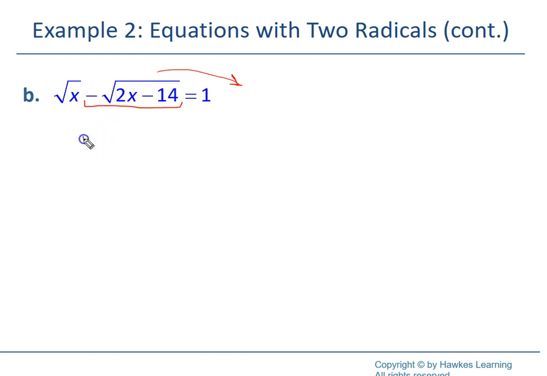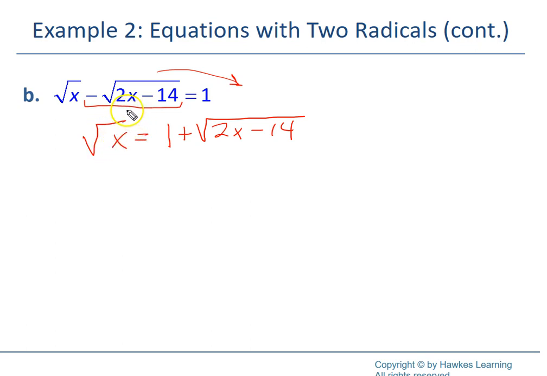So this is what it'll look like. We'll have the square root of x equals, we'll leave the 1 there, but transpose this just changes its sign. So this becomes plus the square root of 2x minus 14. So far, not too bad. We've isolated one of the radicals.